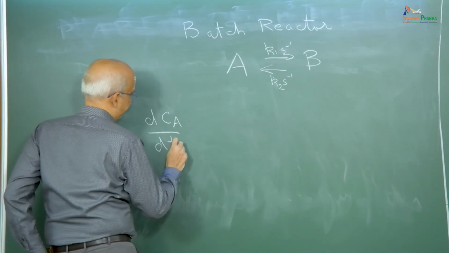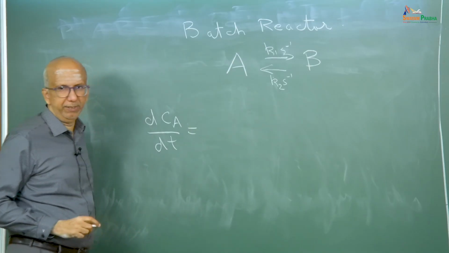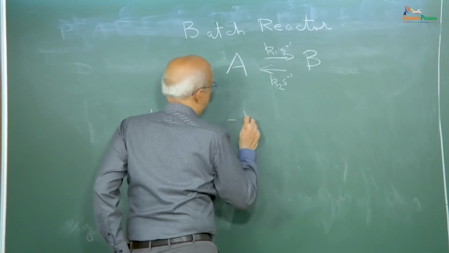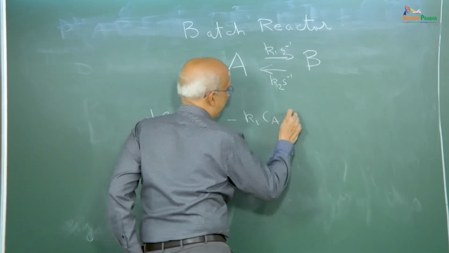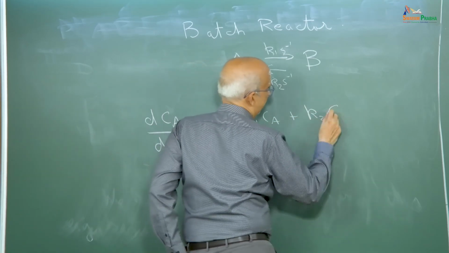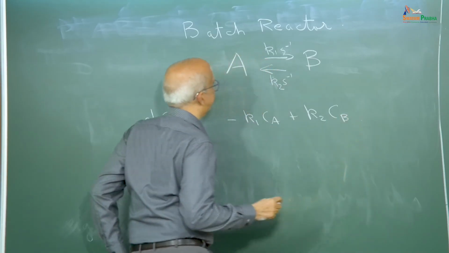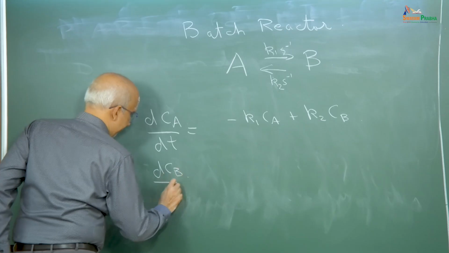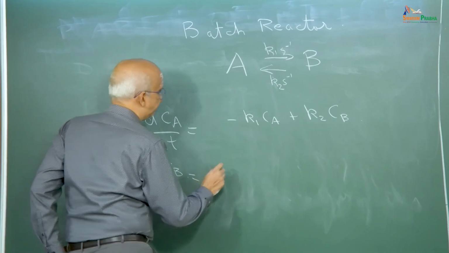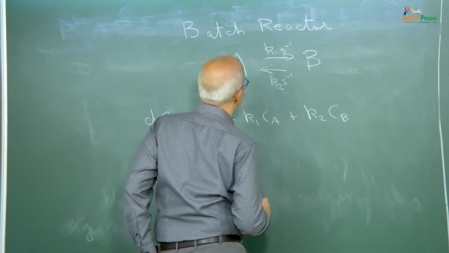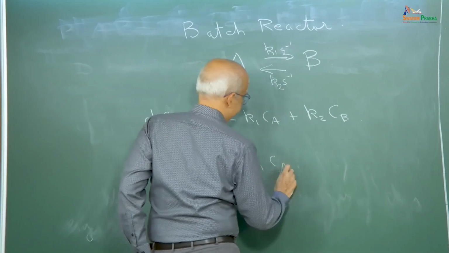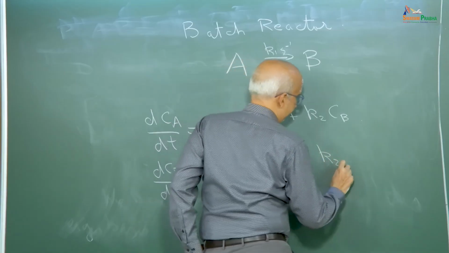equations for A and B. dCA by dt will be minus K1 Ca plus K2 Cb, and dCb by dt will be K1 Ca minus K2 Cb.